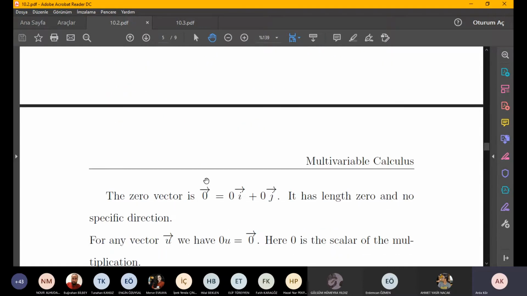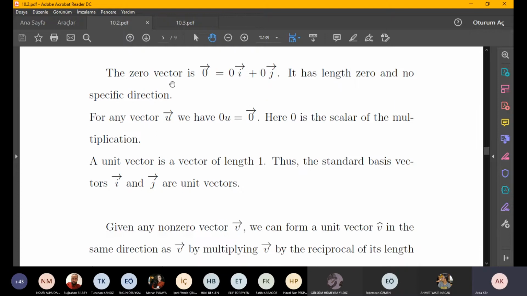And let's also talk about the zero vector. We said on Monday that we need to have the zero vector even in n-dimensional space, because of scalar multiplication in two-dimensional space.